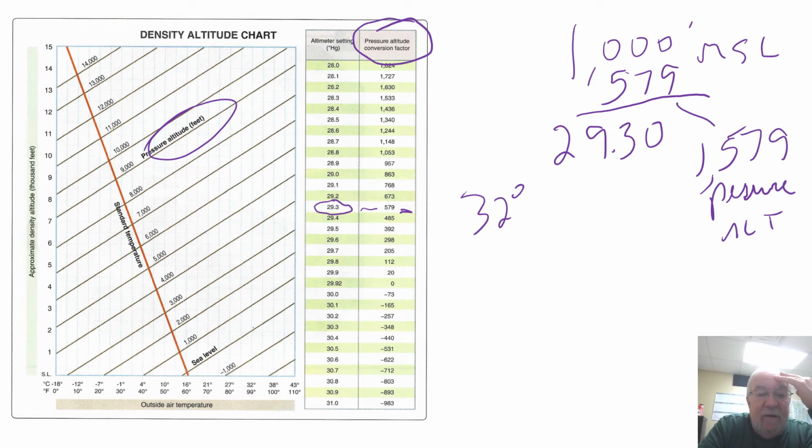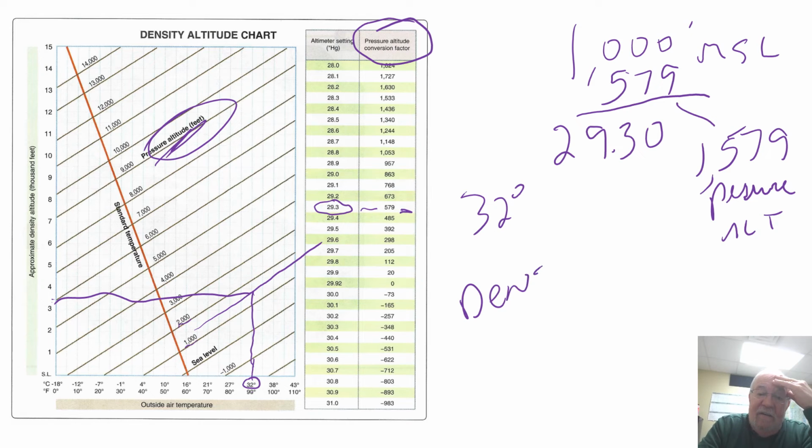So same thing, we've got 32 degrees right here. So we go on up until it gets to 1,579 feet. So there's sea level, there's 1,000 feet. This is pressure altitude again. 1,000 feet, 2,000 feet. Halfway between 1,000 and 2,000 is pretty much that line right there. I have to make up my own line. So you go up, hit that, and go straight over, and try to make it straight. If you have a piece of paper, just make a straight edge over there. But anyway, maybe 3,300 feet, 3,200 feet.